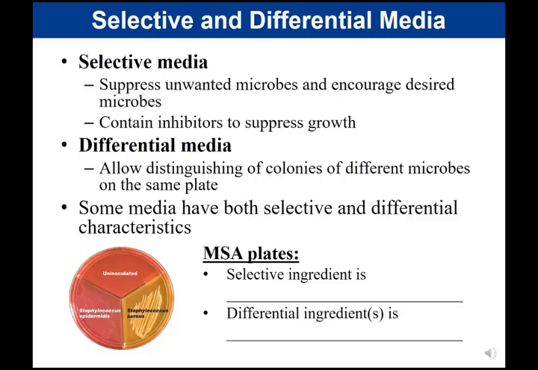Some media have both selective and differential ingredients. If we were to look at MSA, MSA stands for mannitol salt agar. And again, we're going to talk about this a lot in lab. But mannitol salt agar is used to presumptively identify Staph aureus.